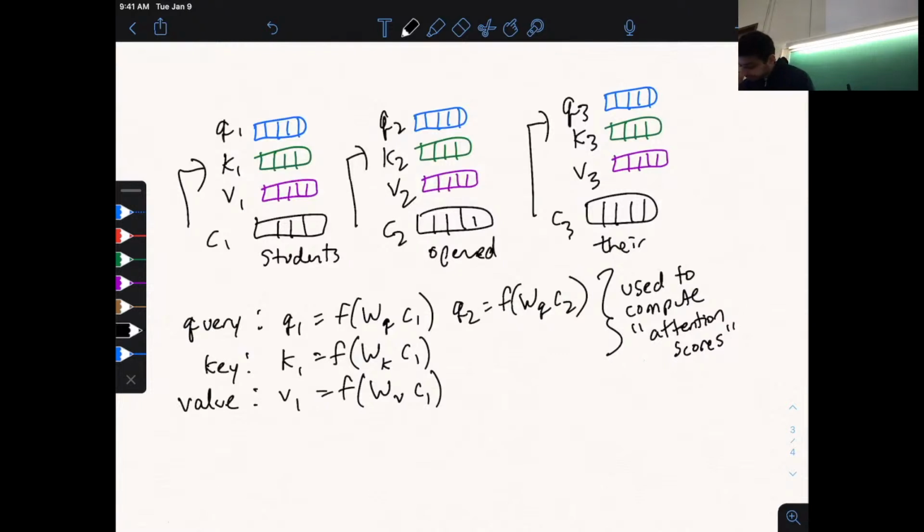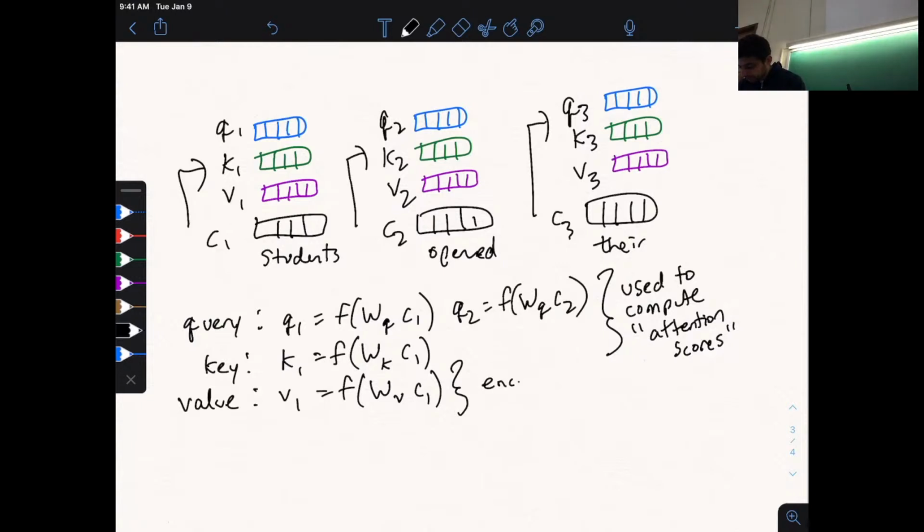So then what are these value vectors used for? These are actually going to be what goes into the hidden state when we compute it. So query and key are used only for computing these importance scores. The value is the thing that we are going to use to actually update our hidden state.